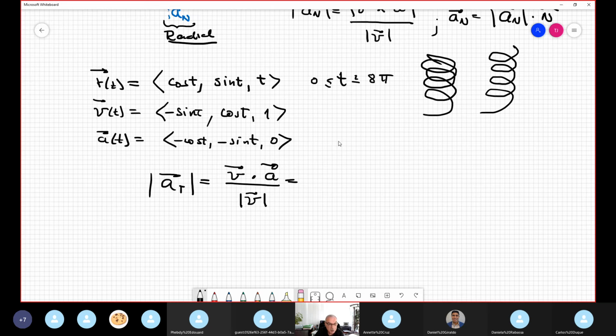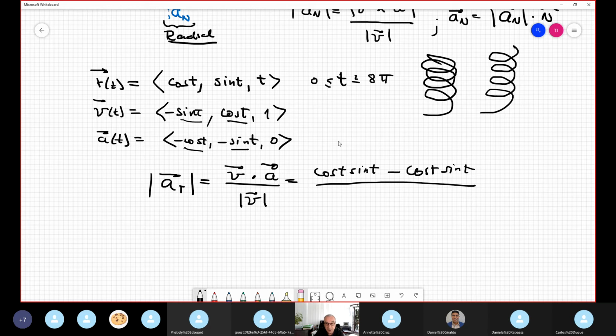Okay, multiplication: this and this, this and this, and this and this. So I have minus sine and minus cosine, positive sine t cosine t, and this is minus cosine t sine t, no? Wow, it's 0, divided by something.